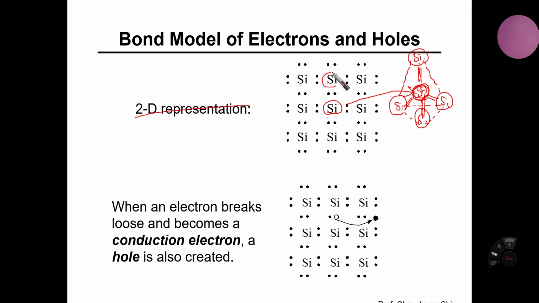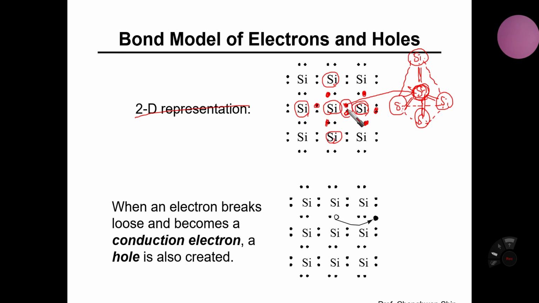On top of it is another silicon, and below it there are three different silicon atoms. As I told you, a single silicon atom has four outermost electrons, and this silicon also has four outermost electrons.